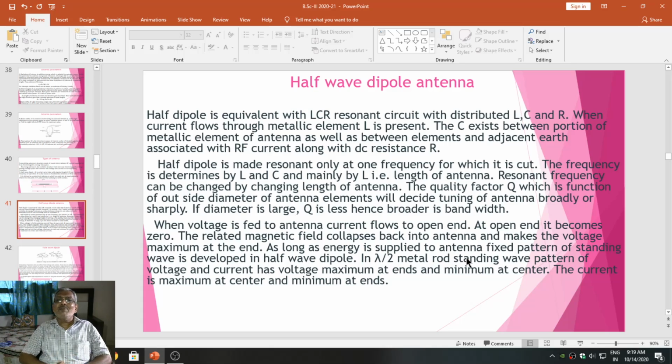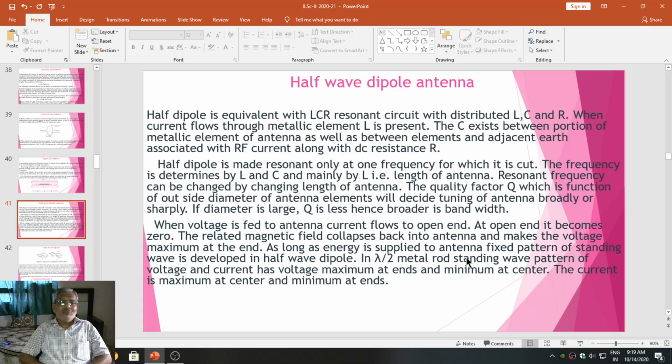Mainly it depends upon the inductance, that is the length of the antenna. The resonance frequency can be changed by changing the length of the antenna, because frequency is equal to 1 upon 2 pi root of LC. If you change the length, definitely the resonating frequency is going to change.